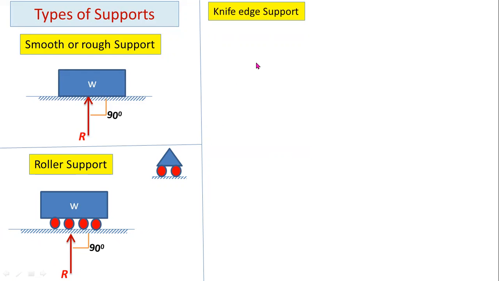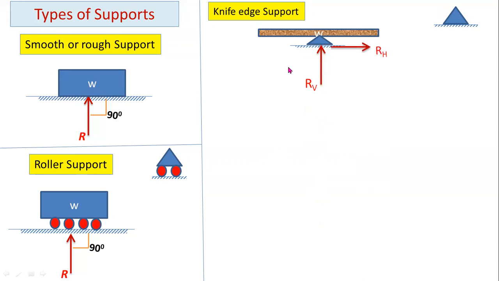Now coming to another type, knife edge support. This is the symbol of the knife edge support. Now let's consider a horizontal beam, and this is the knife edge support. Then you have to consider two reaction forces, vertical reaction force and horizontal reaction force.